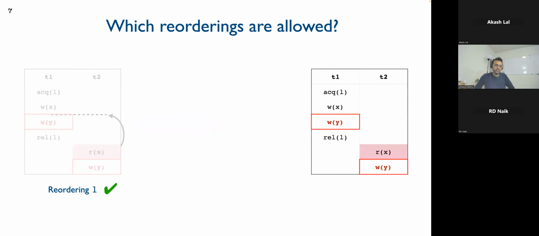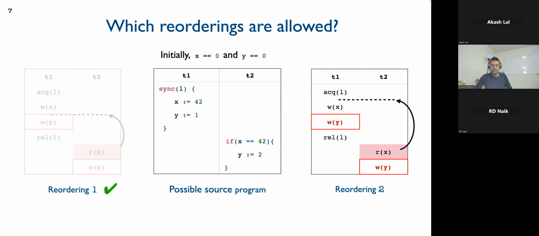But let's look at the same execution and try a different kind of reordering, wherein I want to place this read of x in T2 up above the write of x in T1. At this point, I want to argue that this may not be the best way to do reorderings. For that, let's look at this program in the middle.